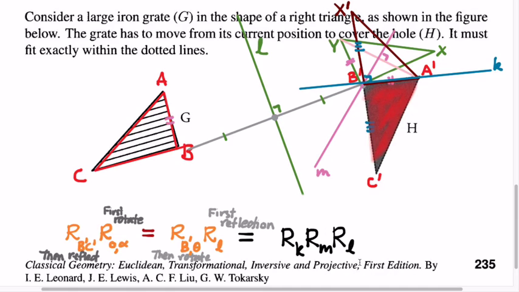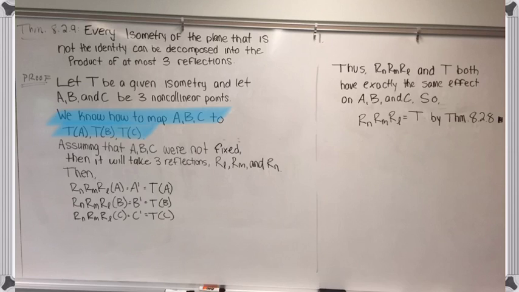All we did was take each one of the vertices in turn and say, to move this vertex to where I want it, I should just reflect across the perpendicular bisector that connects where I'm at and where I want to go. And because we have 3 vertices in this triangle, we can move all 3 of those vertices where we want them using no more than 3 reflections in turn. So we have this algorithm from our iron grate example that shows us how we can move one triangle onto another congruent copy of itself using at most 3 reflections.